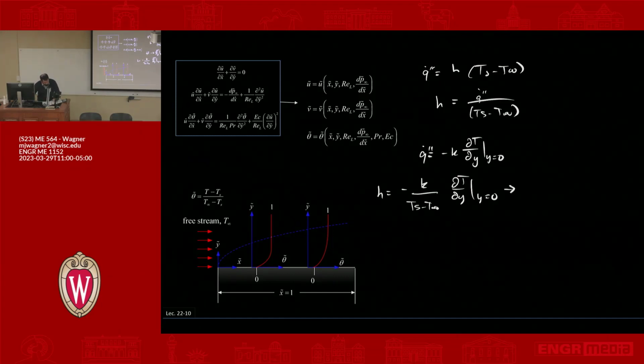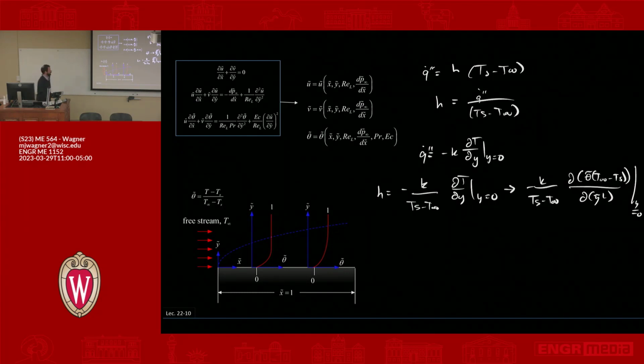So that becomes minus k over Ts minus T infinity times partial of theta tilde, which is then times T infinity minus Ts, divided by partial of y tilde L. And then all of that is evaluated at y equals 0. This can be simplified down.